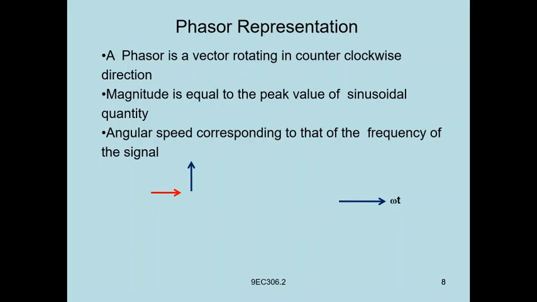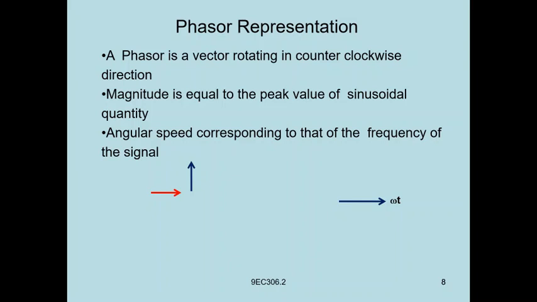Now I am going to explain the phasor representation of a sinusoidal waveform. A phasor is a vector rotating in counterclockwise direction. Its magnitude is equal to the peak value of the sinusoidal quantity, and its angular speed corresponds to the frequency of the signal.